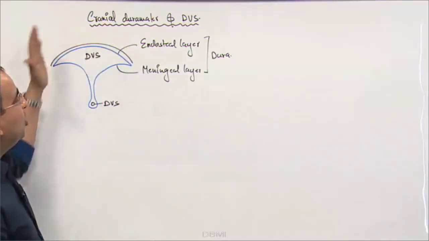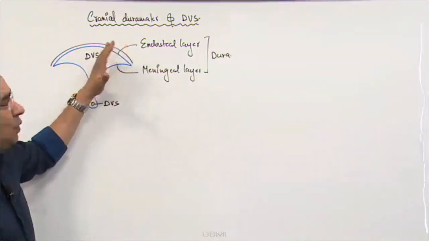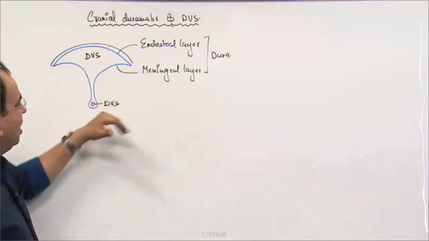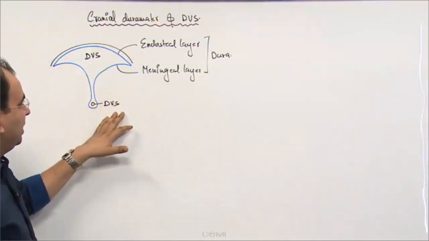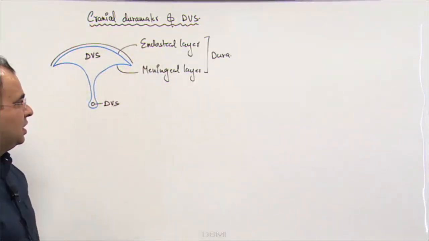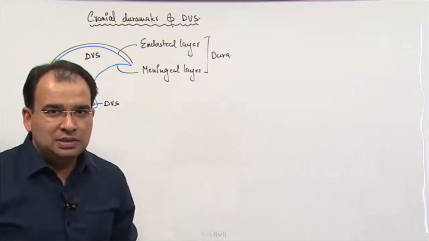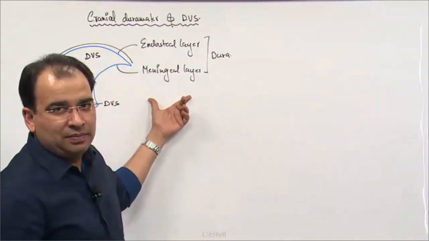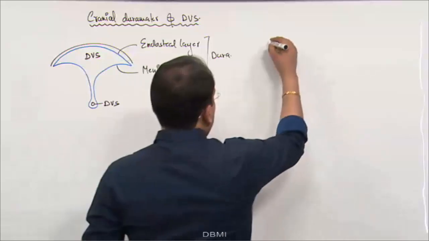The endosteal layer is the one which is not going to move. It is along with the bone. The one which is making a turn, coming out and all these, that is the meningeal layer. The endosteal layer is fixed, and the meningeal layer is the one which goes along with the curvatures. That's why all the dural folds are made up of the meningeal layer of dura mater. And what are dural folds?